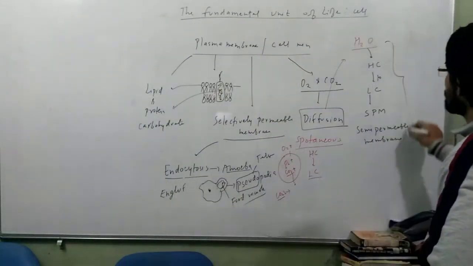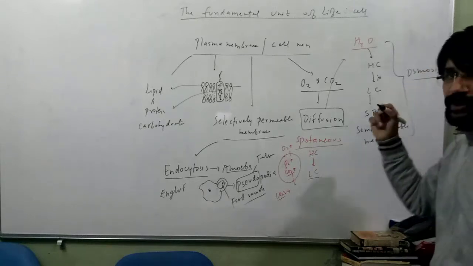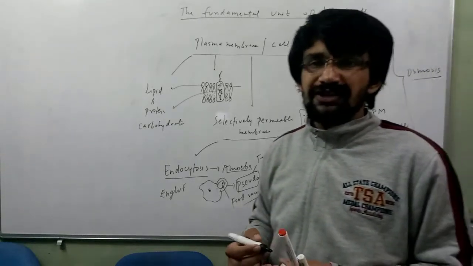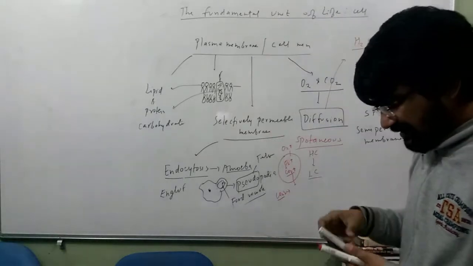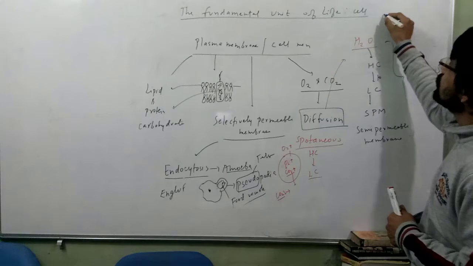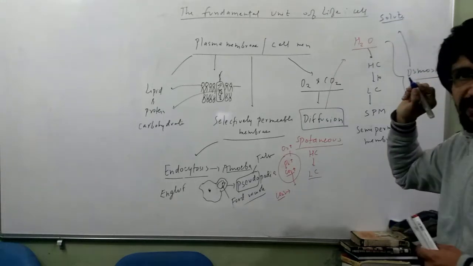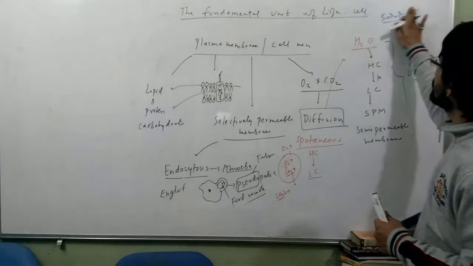This particular process is called osmosis, and there are various factors on which osmosis depends. Osmosis can depend upon your solute concentration. Now, solute concentration, let me remove this word.